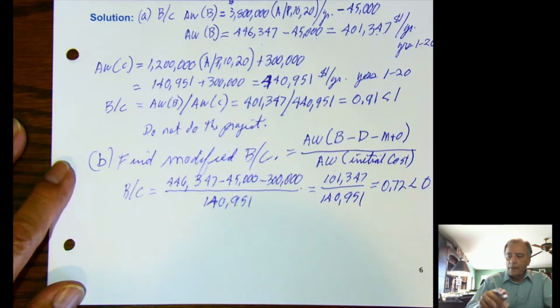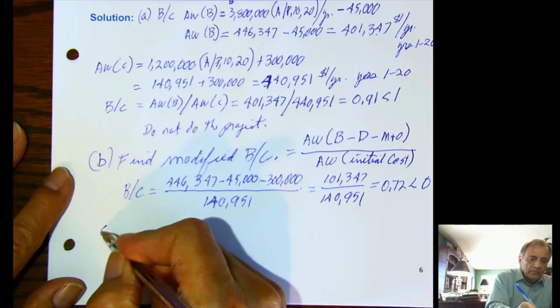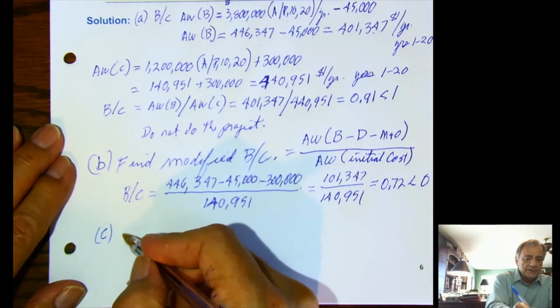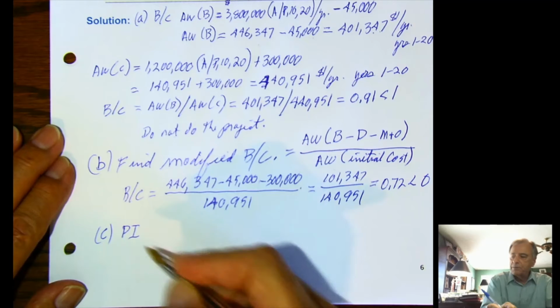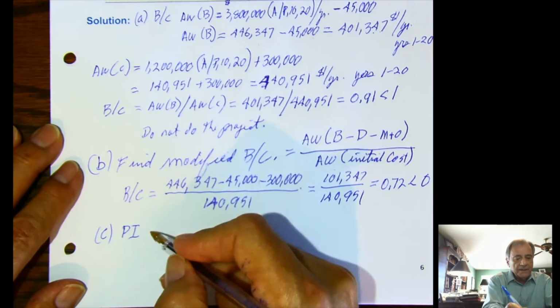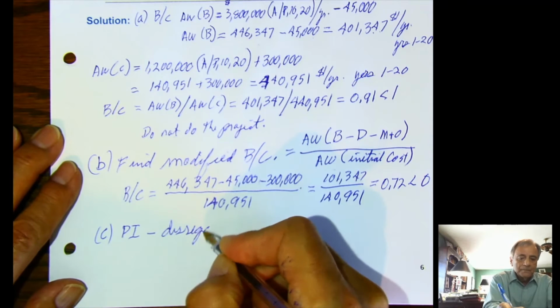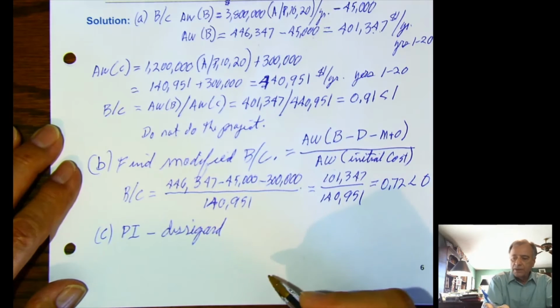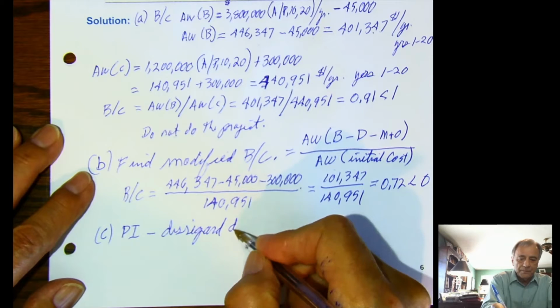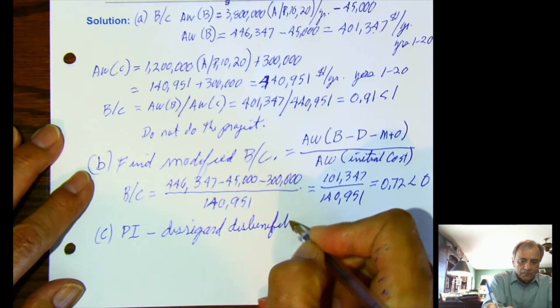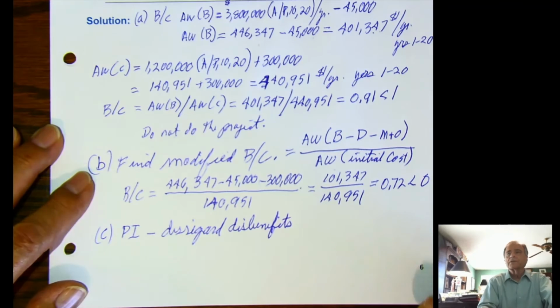The first thing I want to say is the author tells us in the book under profitability index that in this method we disregard the disbenefits. They're not considered.